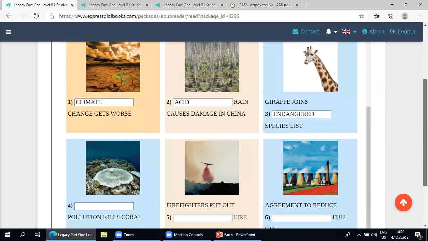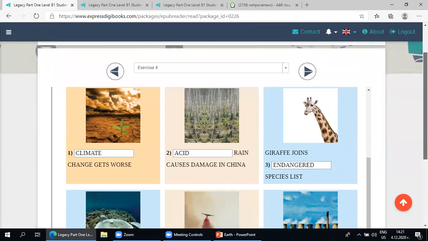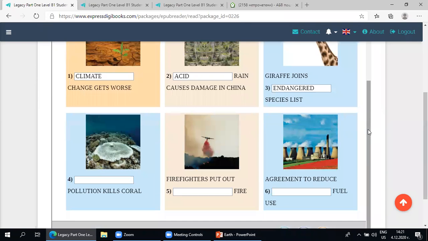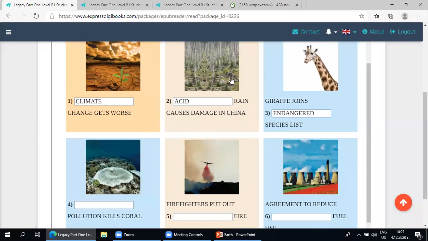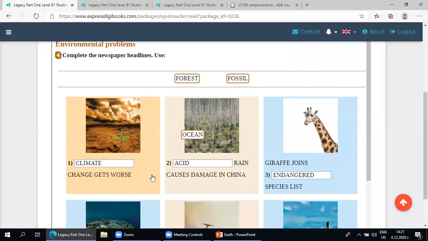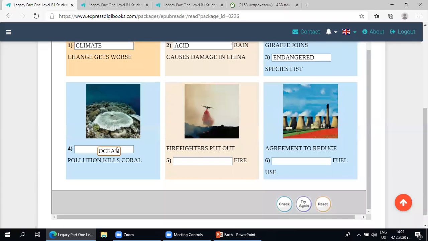Ocean pollution kills coral. Ocean pollution kills corals. Yes, they are also affected by the pollution of oceans. Okay, the next one. Alexandra, would you like to? Sure.